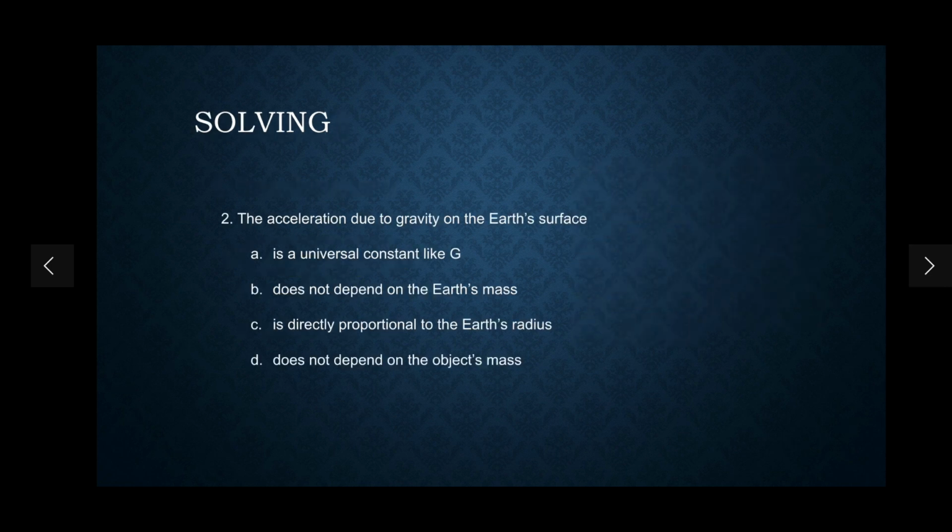The acceleration due to gravity on Earth's surface does not depend on the object's mass. Why? It depends on the mass of Earth, or the mass of the central object only. Since we have a planet, this is the center and this is an object orbiting it.